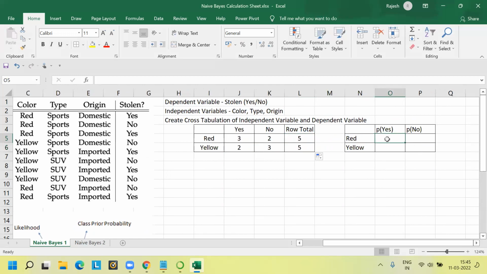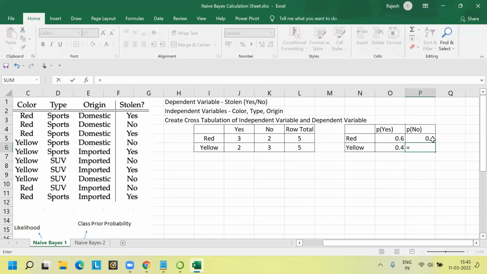So what is the probability of yes? Equal to 3 divided by 5. Equal to 2 divided by 5. Equal to 2 divided by 5.